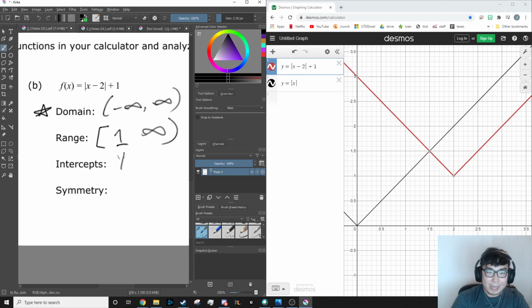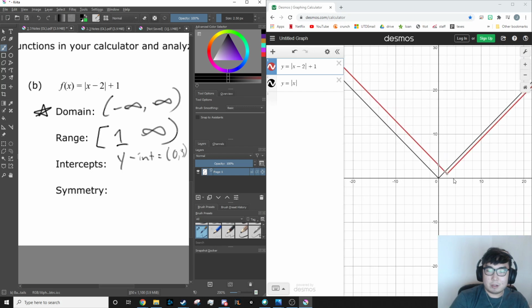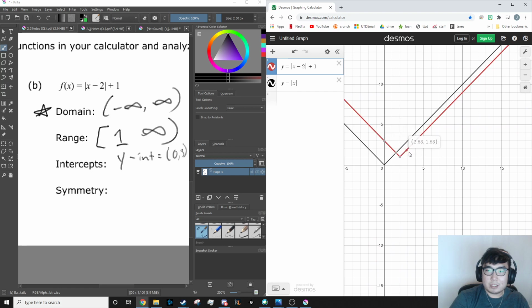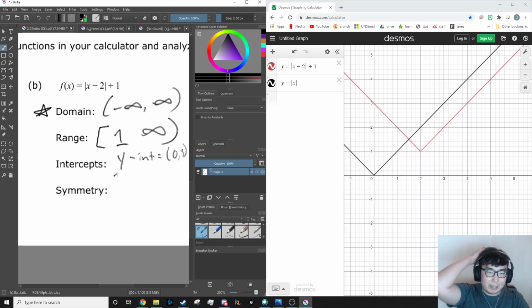So that's on the y-axis, so the y-intercept is 0, 3. But what about my x-intercept? Do I ever touch my x-axis? No, I don't. I don't ever go low enough to get my x-intercept on this graph. It's so close, but it's not touching, so it is not an x-intercept. So I would write x-intercept: none, or not applicable.